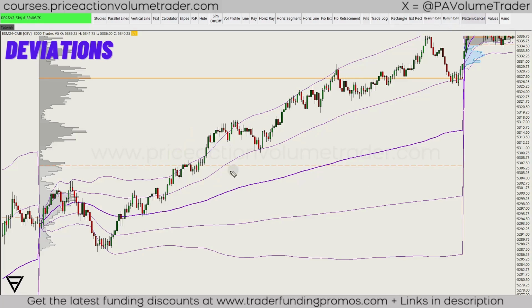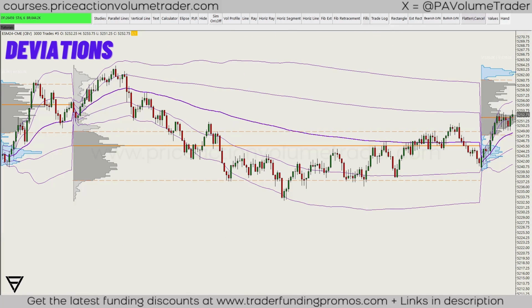Okay, so you're going to see in this case how once we started really trending, price pretty much maintained itself on an envelope between the first and the second deviations here. It's like this one here. You can see we had a strong trend down, and then for some time periods we had the price sort of channeling between the first and second deviations.